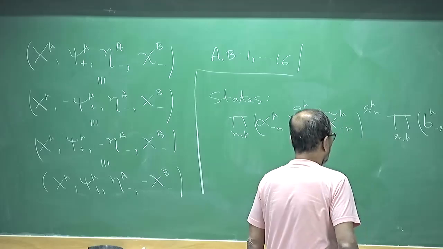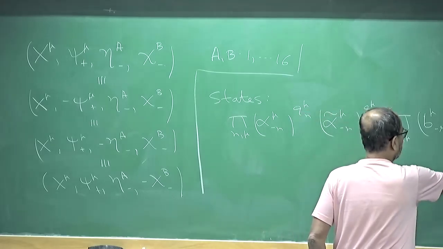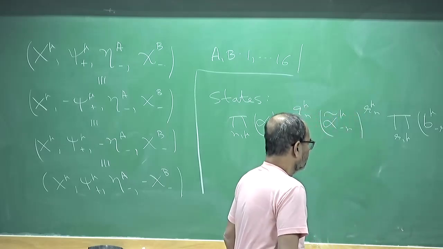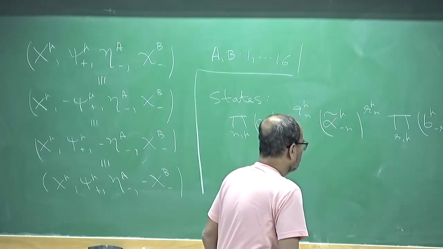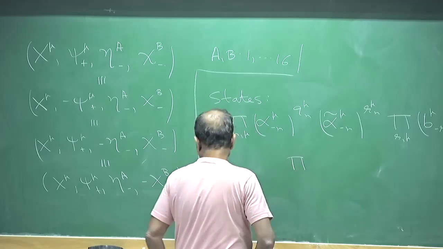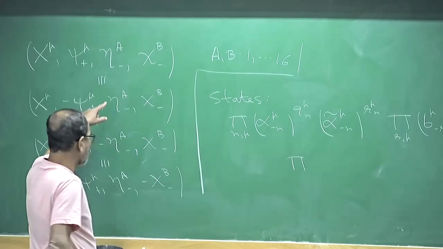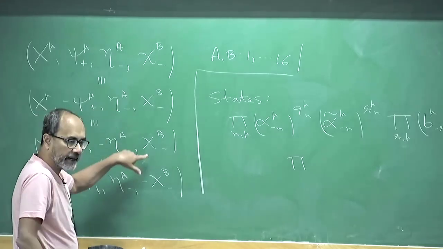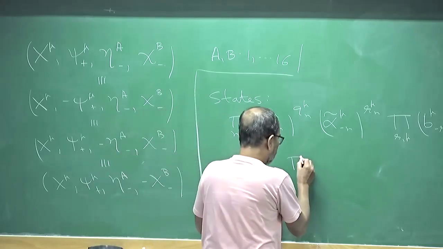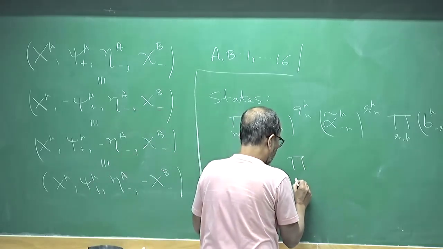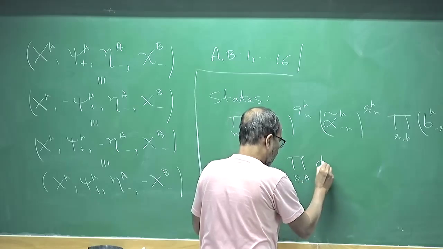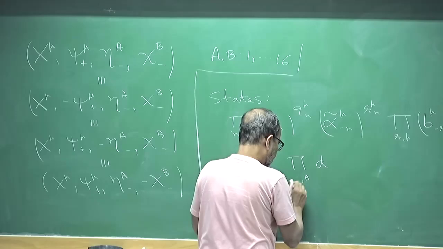I'm not sure what to call this, let's make up a name anyway. Mu r. And then we will now have to consider 2 sets of oscillators, one for eta, one for chi. Okay. So let's call them D and E. So product over R and A. Sorry, let me call it S.